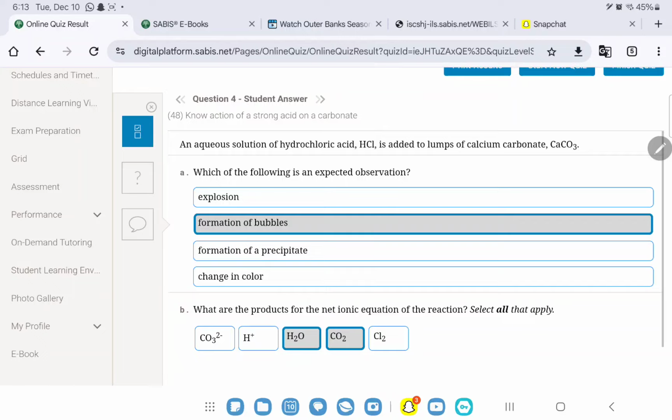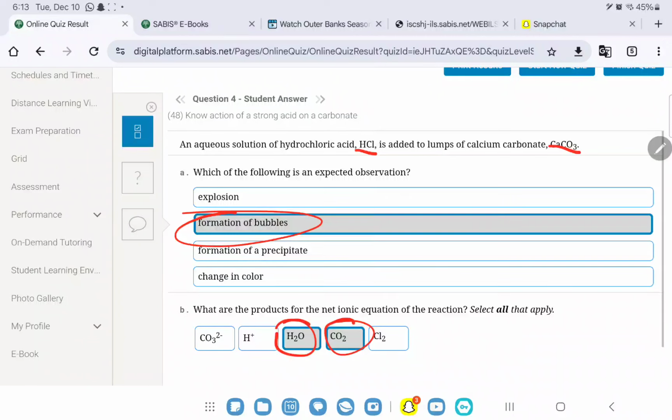Okay, here you have HCl and it's added to lumps of CaCO3. What do you expect to get when you mix an acid with a calcium carbonate? We said when you mix any acid with any carbonate, bubbles are going to form. That's one of your observations. Why? Because when you mix an acid with a carbonate, carbon dioxide and water are going to form.